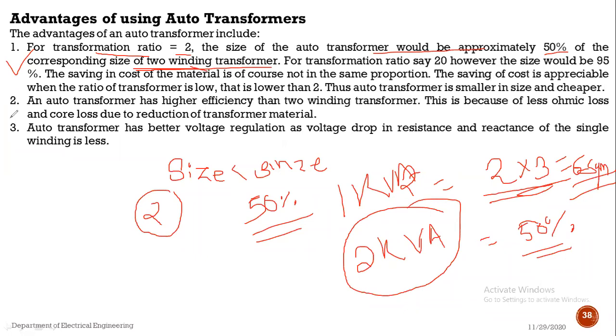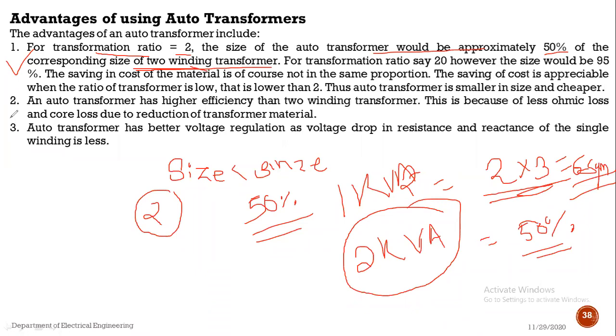Okay, thus the first advantage concludes that the auto transformer is smaller in size and cheaper as compared to the ordinary transformer. Compared with the ordinary transformer, its size is less, that means small in size.